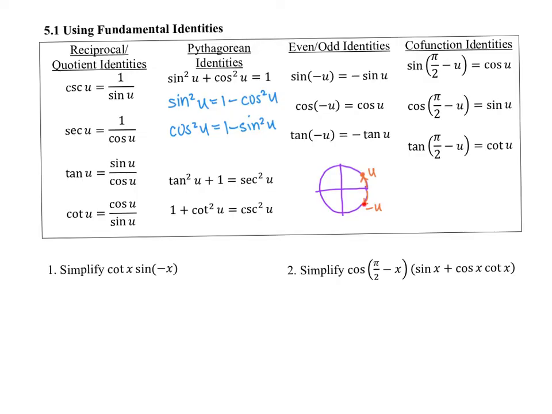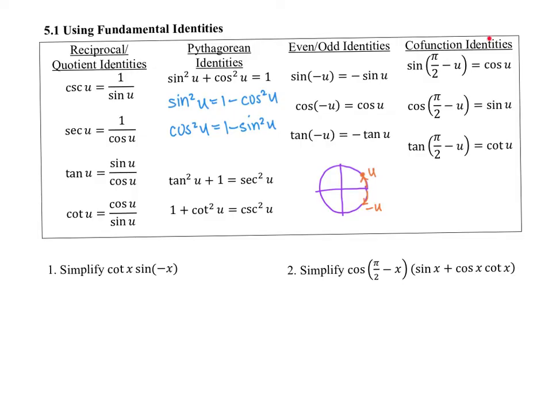If I look at u and negative u, they have the same x coordinates, but their y coordinates are opposite, which is why if I do the sine of negative u, I get the negative sine of u, because the y value is the opposite of the original. The cosine of negative u equals the cosine of u because the x's are the same. And then the tangent of negative u equals the negative tangent of u because it's y over x. Since the y's change signs, the tangents change signs.